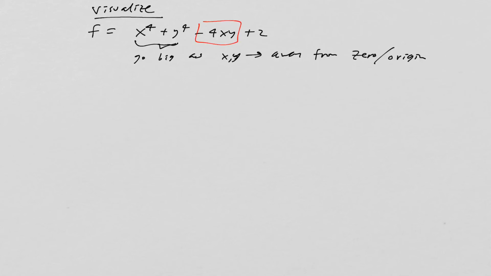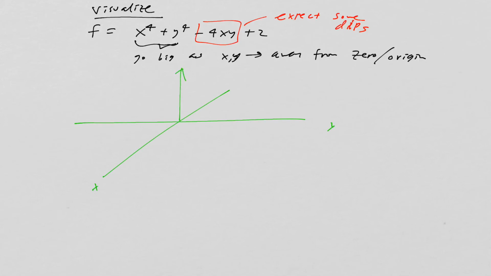But now when we look at that xy term, we expect some dips at specific locations. Let's put a big axis here. There's x, there's y, and z goes up. I'm not going to draw this completely accurately, but there's 1, 1 out there, and there's -1, -1 out there.